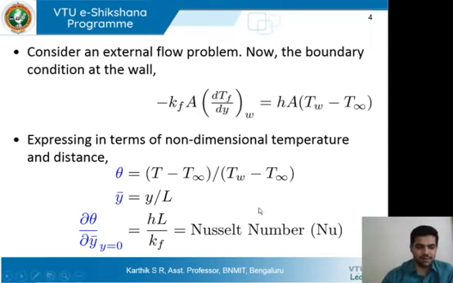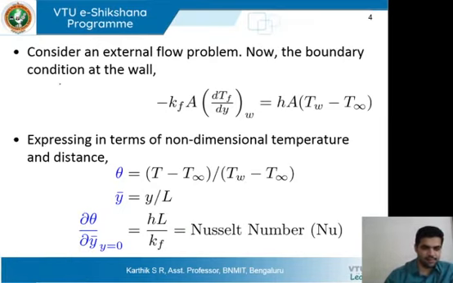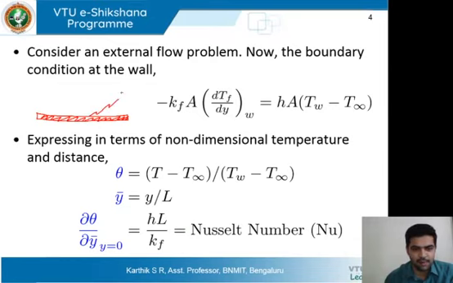Now, to physically appreciate some of the parameters of this problem, let us consider an external flow problem. So what I mean by an external flow problem is this. Let me consider a plate. This is a solid wall. Let the temperature of the wall be Tw.